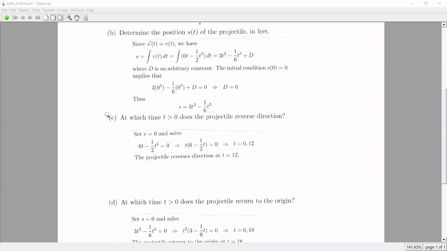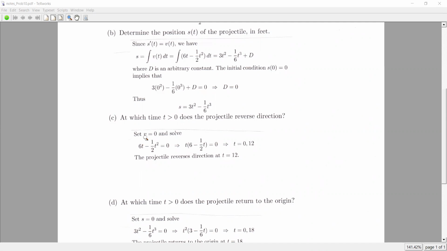Part C. At which time does the projectile reverse direction? When the projectile reaches its highest point, the projectile reverses direction. Because at the highest point, velocity is 0, I set velocity to 0.